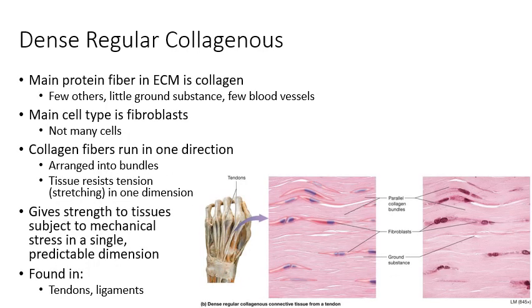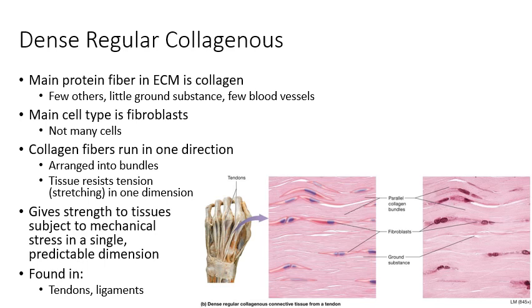Okay. Next you have dense regular collagenous connective tissue. The main protein fiber there is also collagen. Again, it's pretty much just collagen with a tiny bit of ground substance and some fibroblasts. You don't have a lot of blood vessels in dense regular collagenous, nor do you have a lot in dense irregular, but you have particularly few in dense regular collagenous tissue.